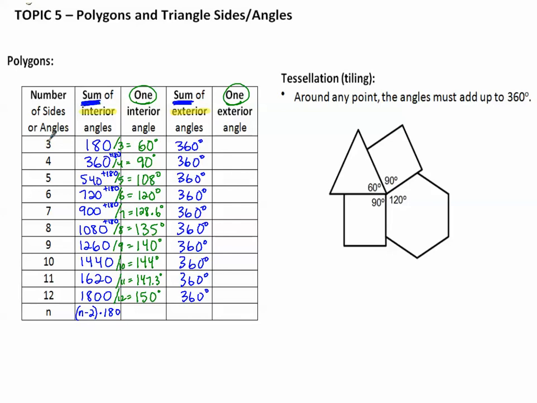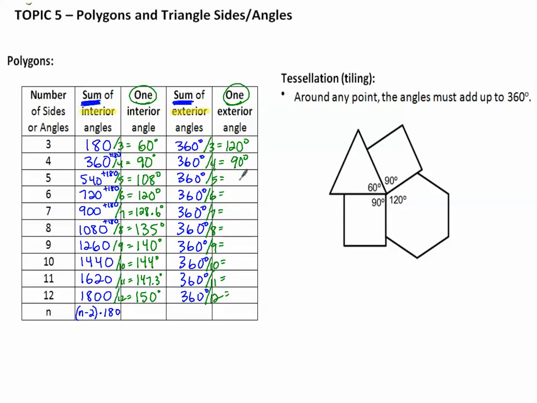We have 3 in a triangle, so divide it by 3, 120 degrees. Divide it by 4, 90 degrees. Divide it by 5, divide it by 6, divide it by 7. Keep dividing so that we get just one of those exterior angles, because sometimes the question asks for just one of those angles. You can grab yourself a calculator and you can do this too.